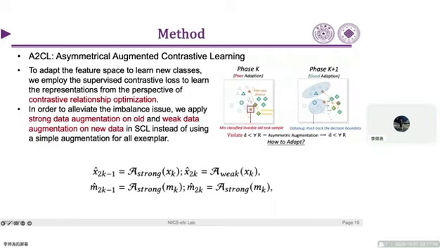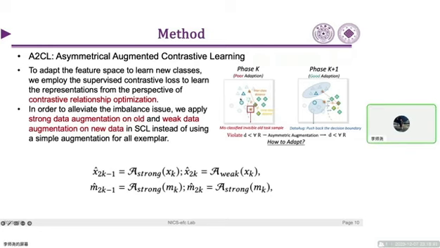The second component is asymmetrical augmented contrastive learning. To adapt the feature space to learn new classes, we employ the supervised contrastive loss to learn the relationship representations from the perspective of contrastive relationship optimization. In order to alleviate the imbalance issue, which we can see here, the green one is a new class, and the blue one is the old class.